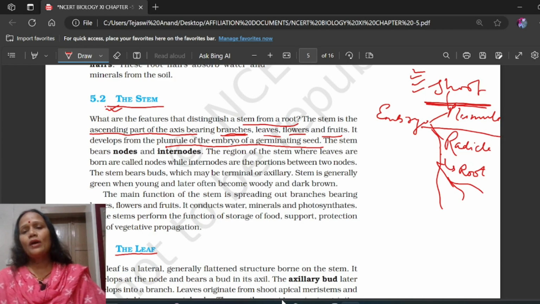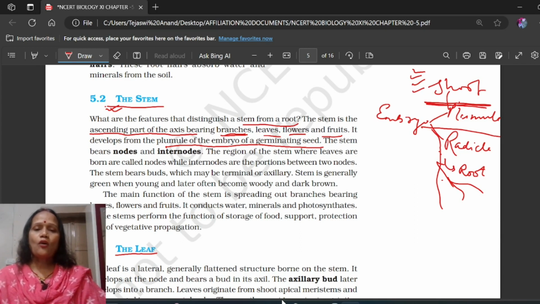So this embryo has two parts, plumule and radicle. Radicle develops into root, plumule develops into shoot, and the root goes under the ground, but the shoot comes above the ground, and that shoot develops and bears the branches, the flowers, the fruits, the leaves. So you can understand all are coming out of a seed.